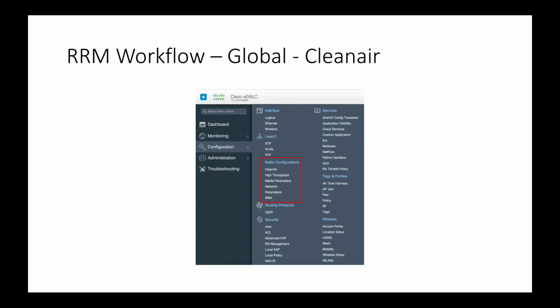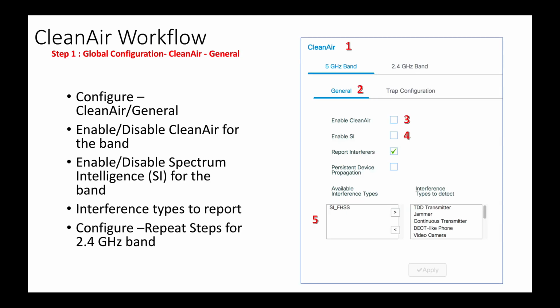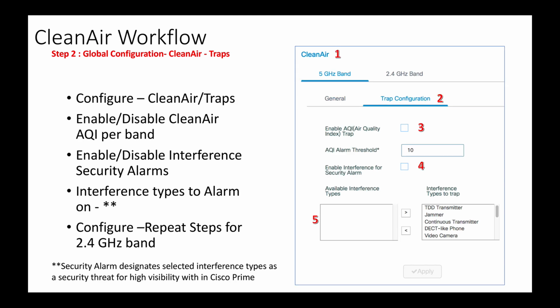CleanAir within EWLC has its own menu item and again covers 5 gigahertz and 2.4 gigahertz. This is where you will enable CleanAir globally or SI, spectrum intelligence, for the 1800 series models. Reporting interferers, persistent device avoidance, the same exact options retained from AirOS.